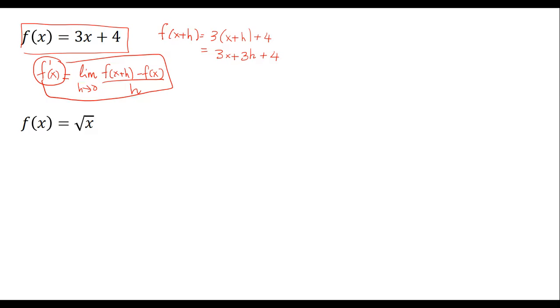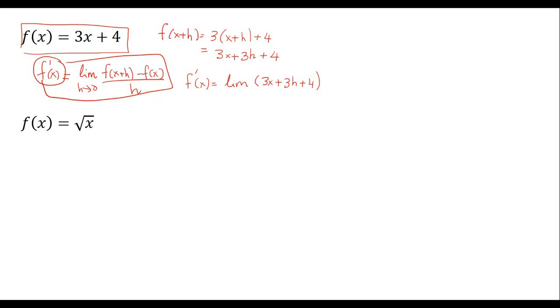Once you have this, now you can start working out your working formulation. You make full use of your definition. Now you already have your f(x plus h), which I put in brackets so that I don't get confused.